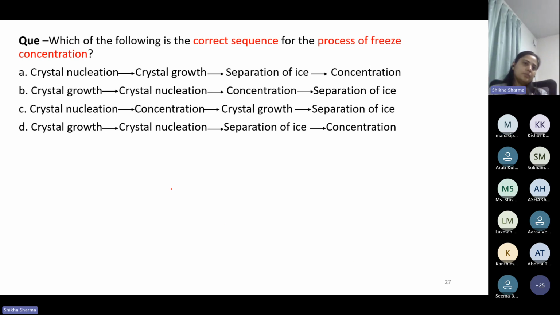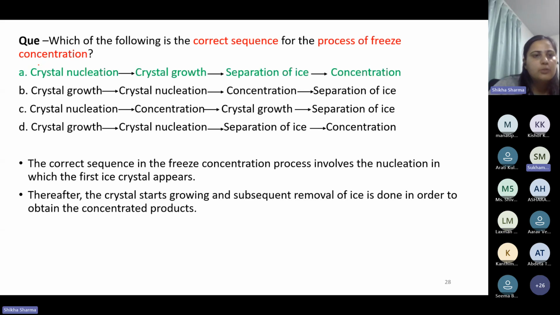Option A. Right, everyone is on option A. So it is very clear that first the ice crystal appears, so nucleation happens. Then the ice crystals start growing, then there's subsequent removal of ice, and then the concentration of the product happens.